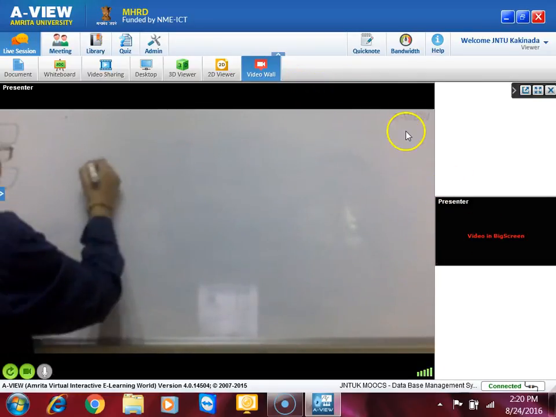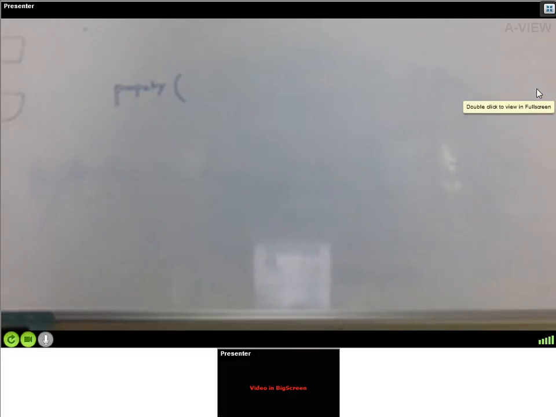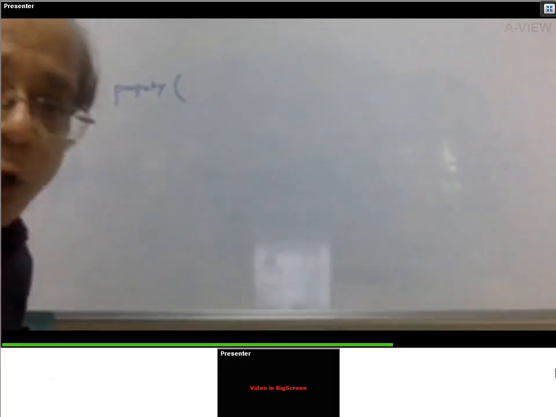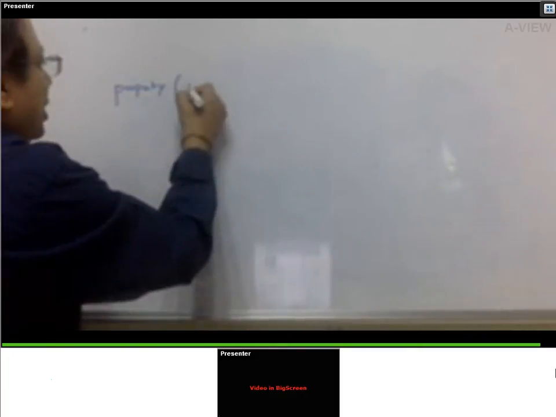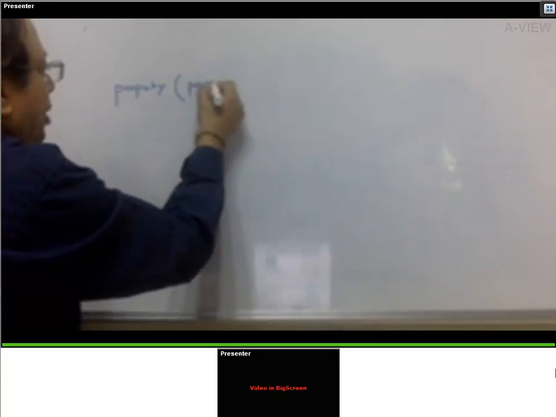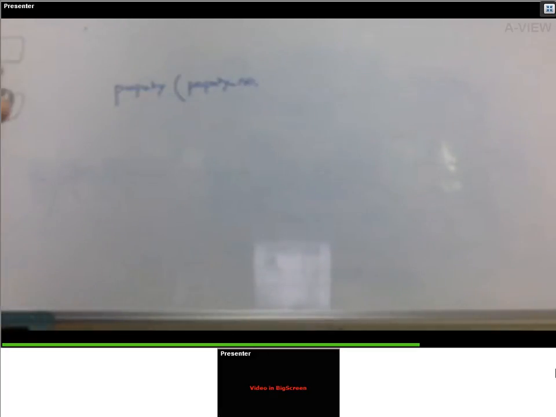Let us take the case of house property. Let us say this is a relation describing house property. The house property is uniquely determined by the property number. You give a unique number to the property.